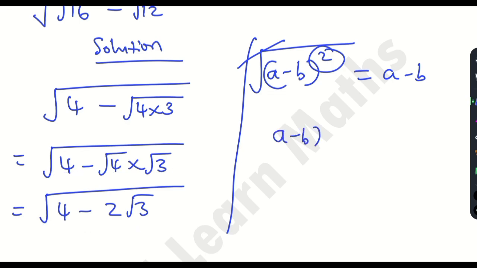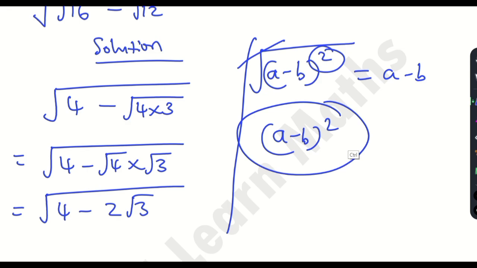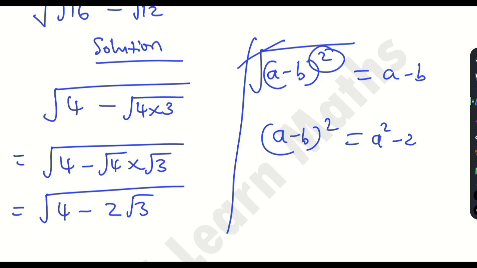One thing you must know first: this, a minus b all raised by 2, is called a perfect square algebraic expression. If you want to expand this using one of the algebraic identities, it is going to be a squared minus 2ab plus b squared.